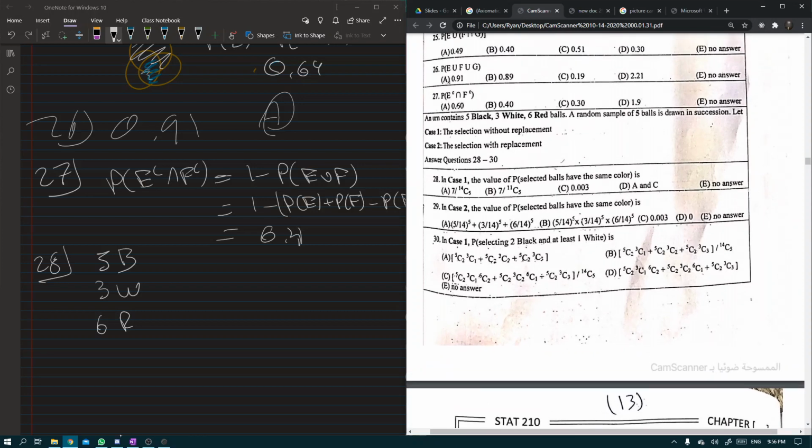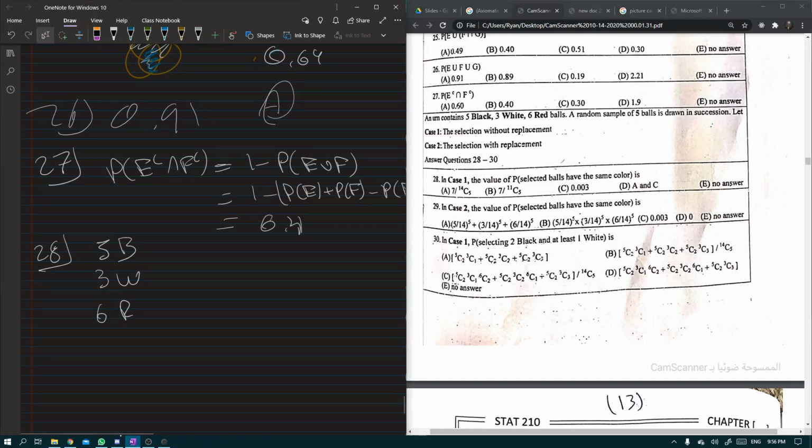Case 1 without replacement, so same color. It's going to be 3 black plus 3 white plus 6 red. So black, black, black, white, white, white, red, red, red. So this is 5C3, 3C3, 6C3.